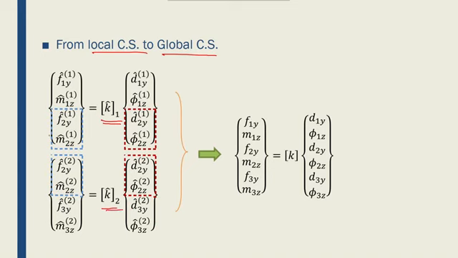Again, node 2 is common between the two elements, so I have forces that I have to deal with. I also have displacements that I have to deal with to make this equation. 6 nodal forces, 6 nodal displacements. So I have 3 nodes in my example, and each node has 2 degrees of freedom, which is d and Phi. As a result, I'm looking for a 6x6 big stiffness matrix.